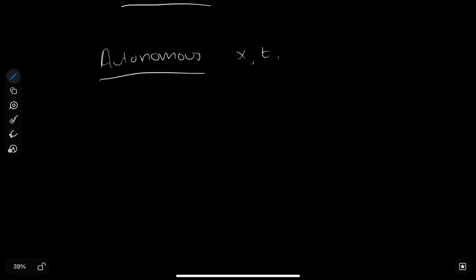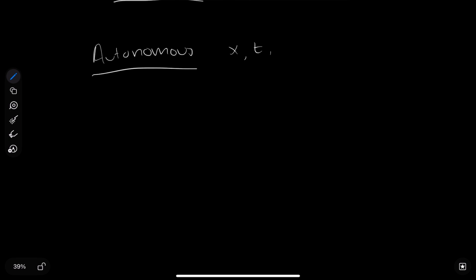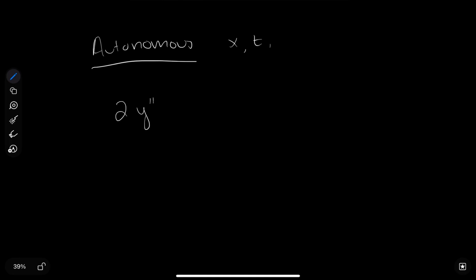So the differential equation doesn't depend on the independent variable. For example, 2y double prime minus 3y prime plus 1 equals 0 is autonomous because x does not appear in any of these terms.